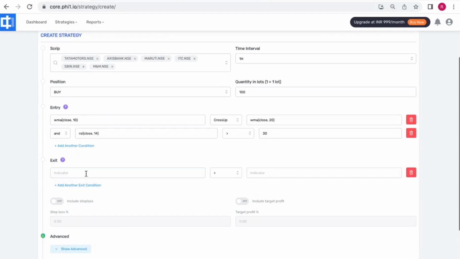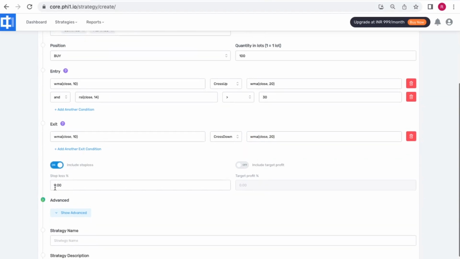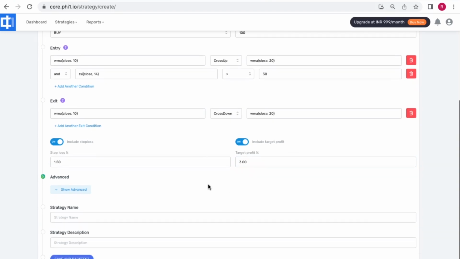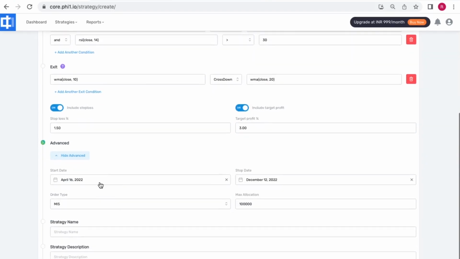My exit condition would be the opposite of my entry condition, that is my short term WMA crossing below my long term WMA. Always include a stop loss in your strategy in order to avoid big losses, to limit your losses. And you can also add a target profit as an exit strategy.